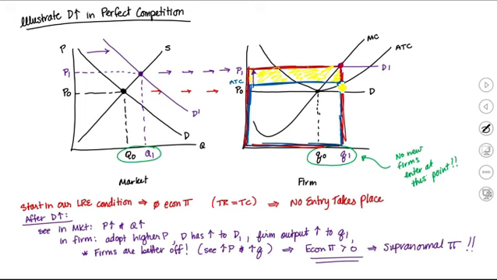So now let's move on to the long run. If you flip your page, you should have long run on the other side. All right. So I'm going to recreate what you've got in front of you.